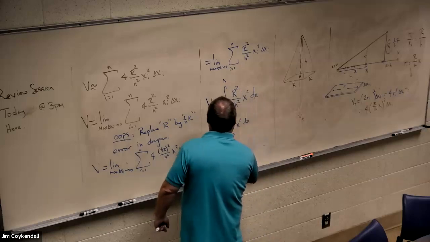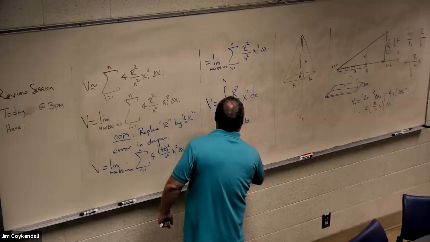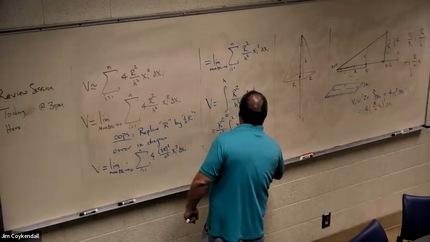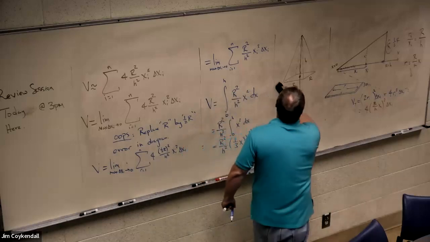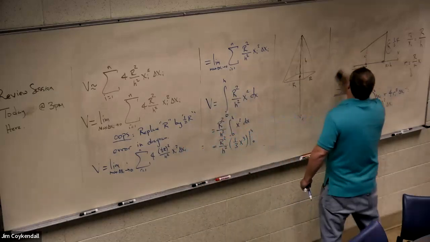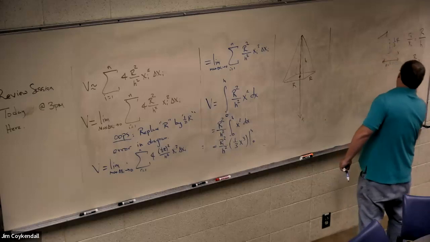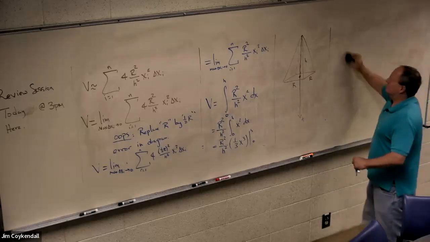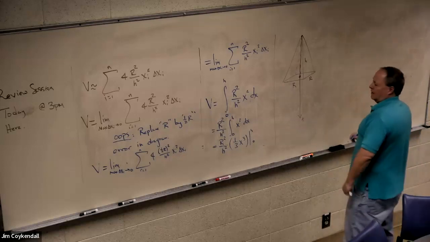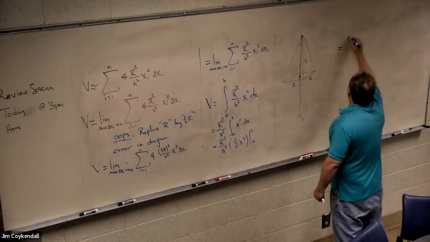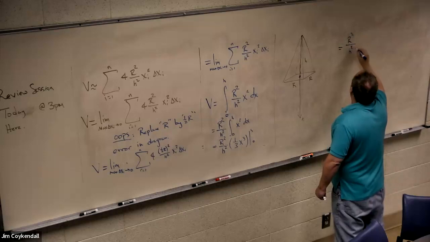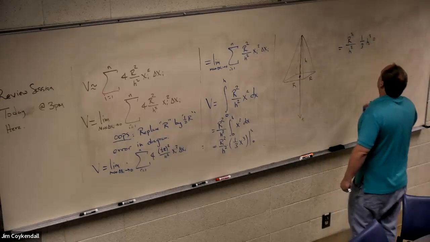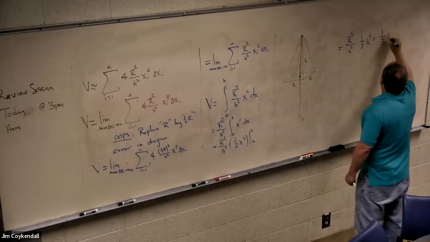So this is r squared over a squared, 1/3, x cubed, from 0. This is very similar to the cone. This is r squared over a squared, 1/3.